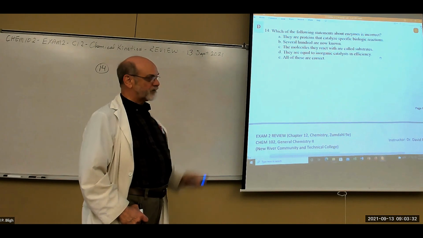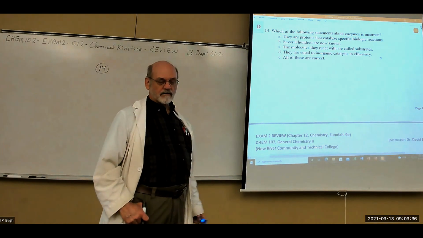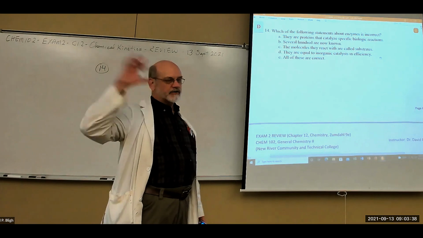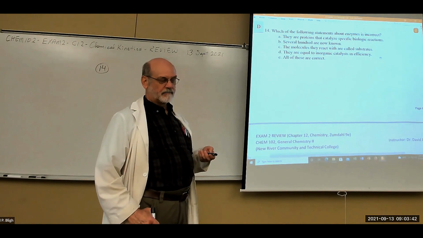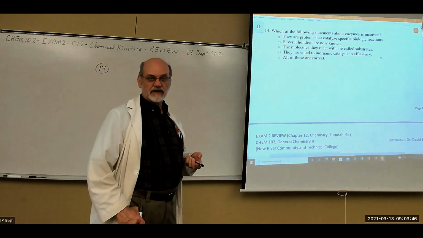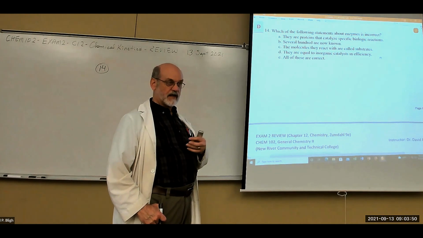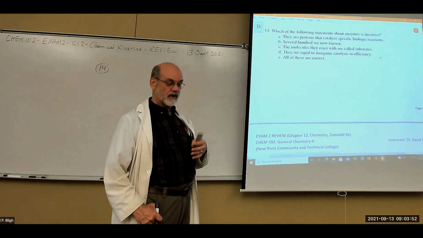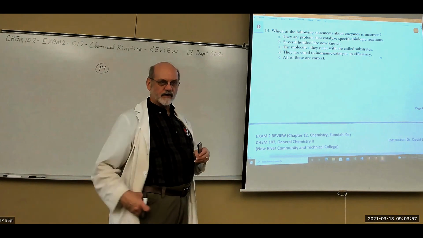They are equal to inorganic catalysts in efficiency. That is patently false. Enzymes are just orders of magnitude more efficient than inorganic catalysts. Inorganic catalysts, you can expect maybe 1% efficiency. In other words, when it enters a reaction, it has 1%, if you're lucky, of the reactants produced products.